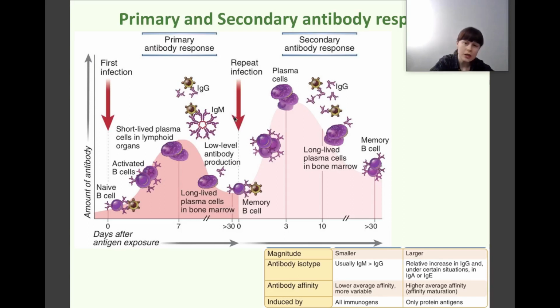The secondary immune response does not have all these phases, and compared to them, it has absolutely different antibody amounts.